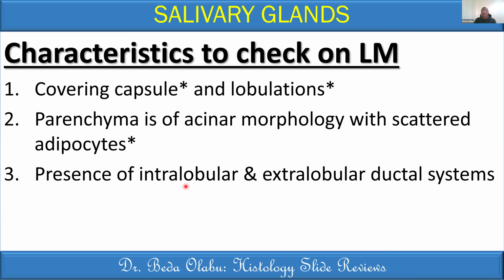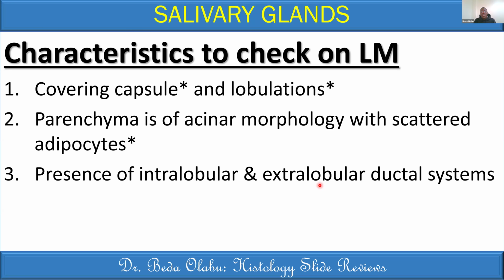The ducts will begin from inside the lobules, then they join outside the lobules. So extralobular ducts will be a union of ducts which are formed from multiple intralobular ducts. And so they should be much bigger. The larger the ducts, the thicker its wall.